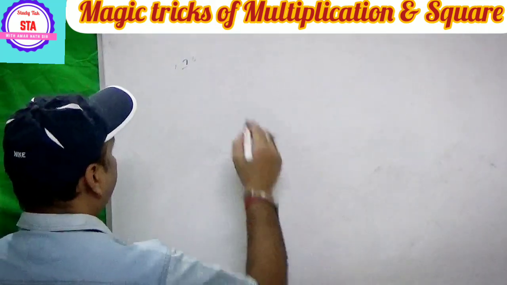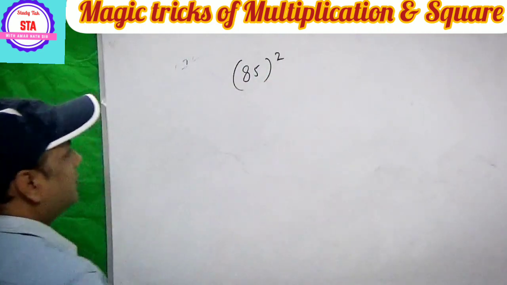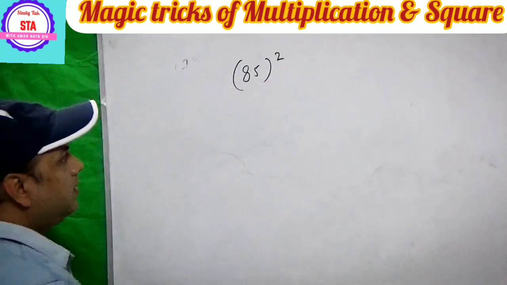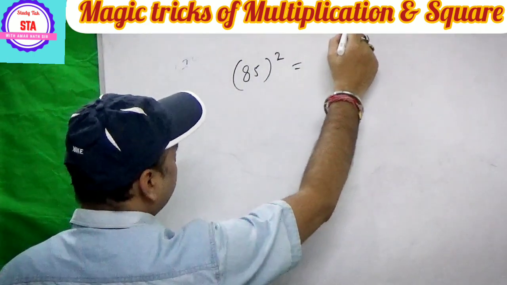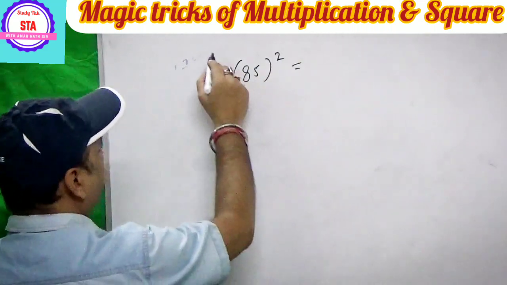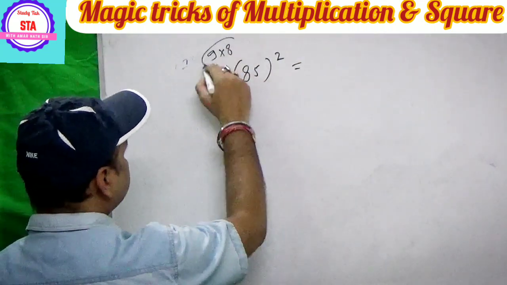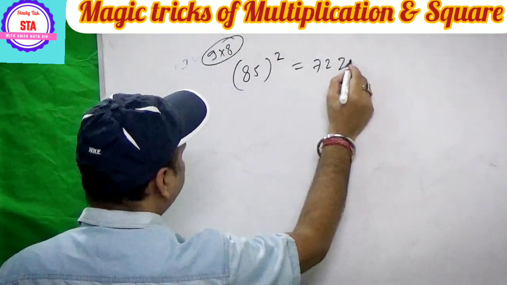Write down the square of 85. Divide it into two parts. 8 plus 1, that is 9. Multiply 8 into 9, that is 72. And 25.